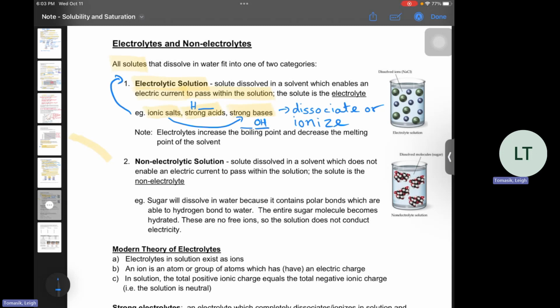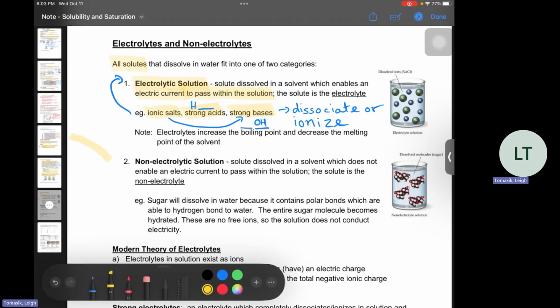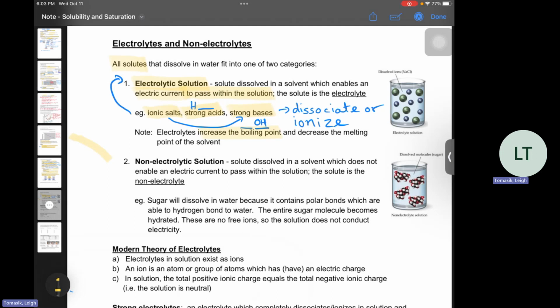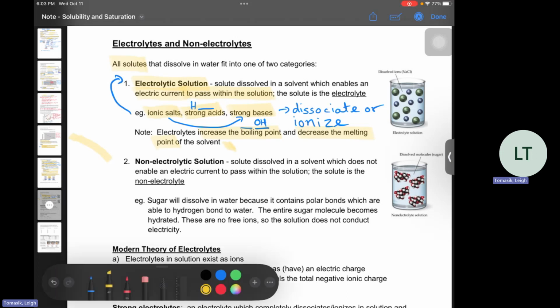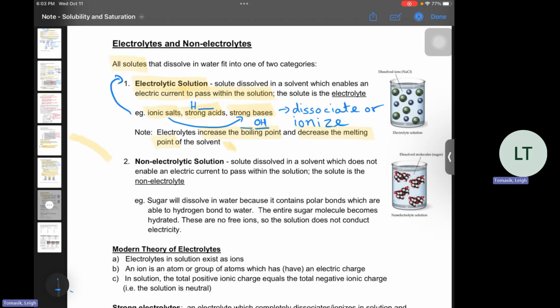It says, note, electrolytes increase the boiling point and decrease the melting point of the solvent, right? So they change the properties. That's why we use ionic salts to ice our driveways, to salt our driveways in winter.